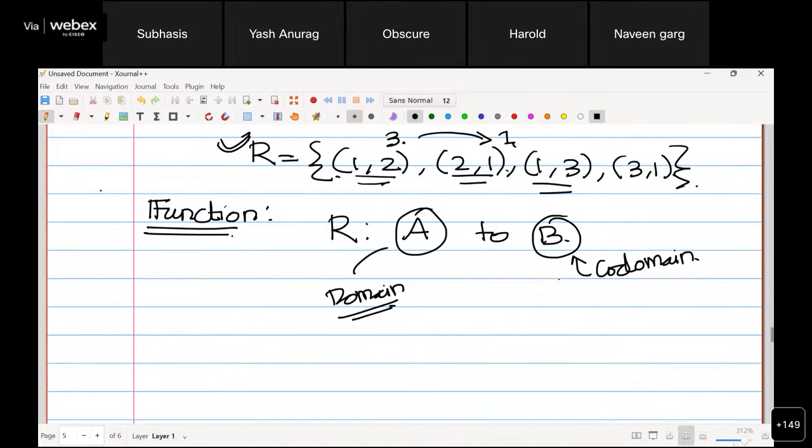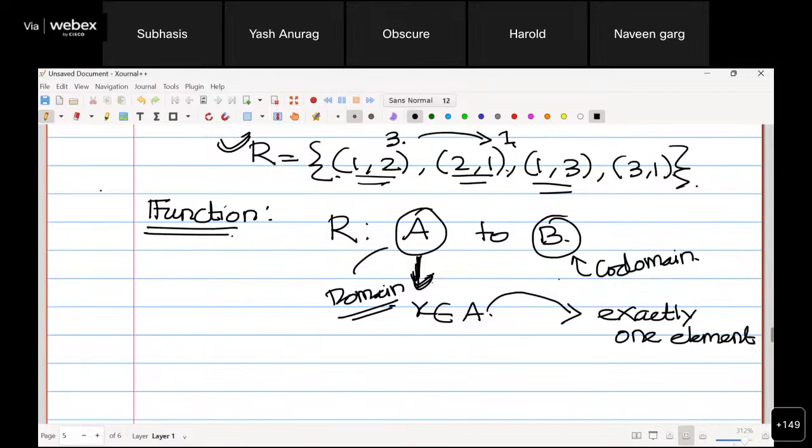When you say that a relation is a function, a relation is a function if each element in your domain is related to exactly one element in the codomain.